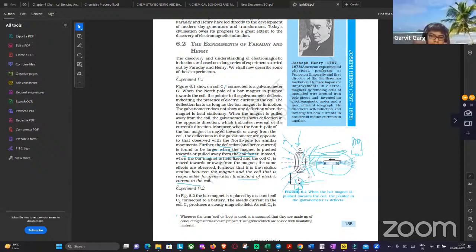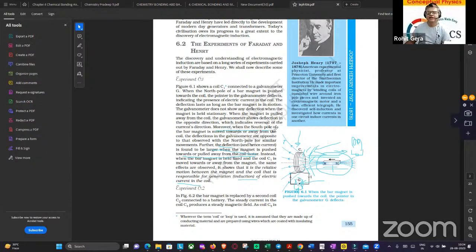Understood. Now what you do is reverse it. Now, if the south pole of the bar magnet is moved towards or away from the coil, the deflections in the galvanometer are opposite to those observed when the north pole was being brought. So if you invert this bar magnet, इसको उल्टा कर दो बार मैग्नेट को, और फिर से वही एक्सपेरिमेंट को रिपीट करो, you will still see induction, but the only difference will be that now the direction of the current will reverse.